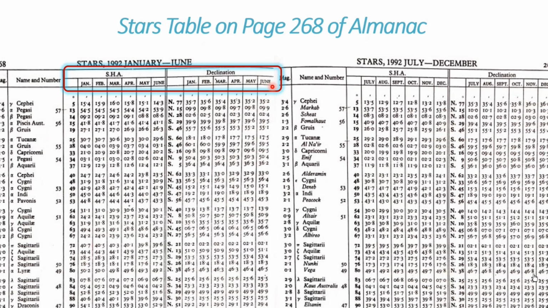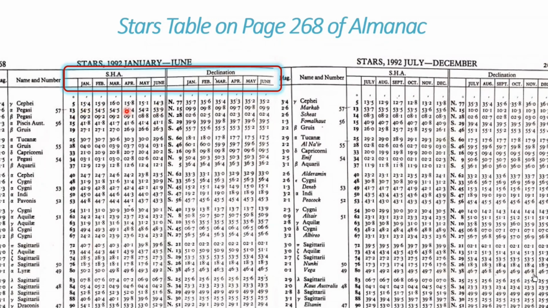Now we are aware that the SHA and declination of the star does not change much. There is a very minute change in the SHA and declination of the stars. They can be practically assumed to be fixed bodies on the celestial sphere. So that's why you see in this particular table, the degree values of SHA is mentioned in the beginning, and the minutes are mentioned under each and every month.